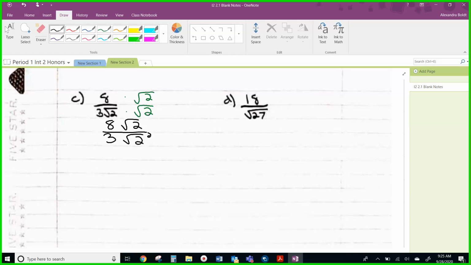There is 3 square root 2, but we're just multiplying by that square root 2 part. Now again, our square cancels that square root out. So I have 8 square root 2 over 3, and then 2.